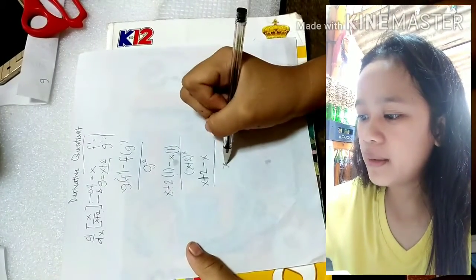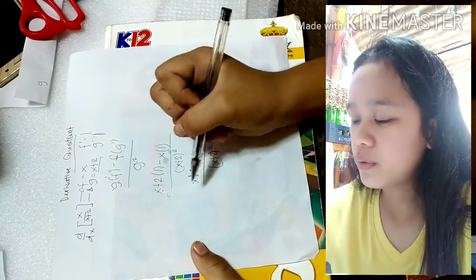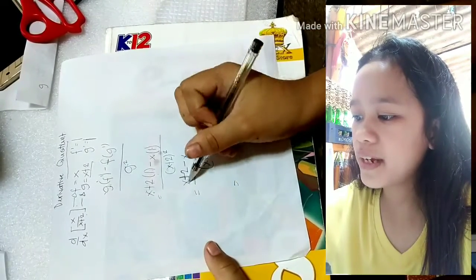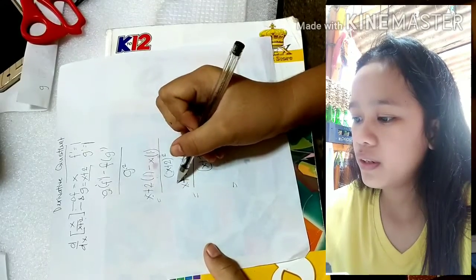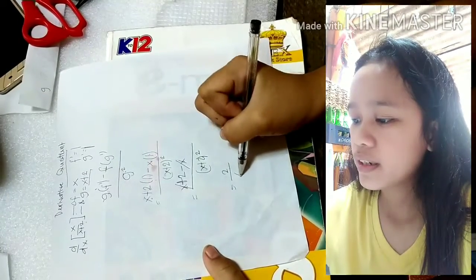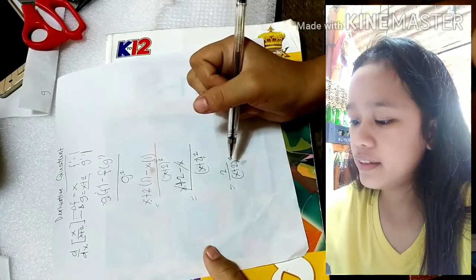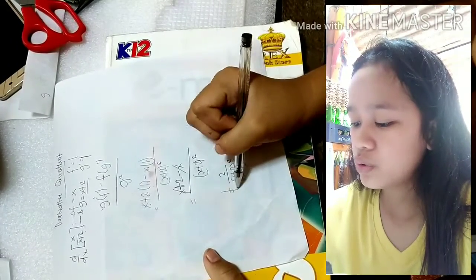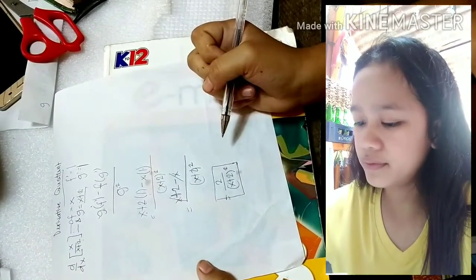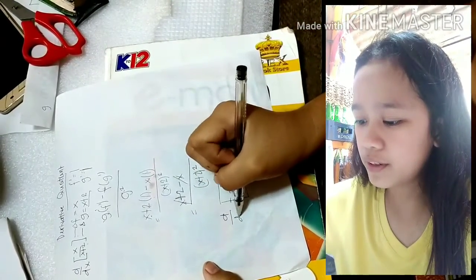Then copy the denominator. And then we subtract, so x minus x is equal to 0. Then the number that remains is 2 all over x plus 2 squared. And the final answer is 2 all over x plus 2 quantity squared.